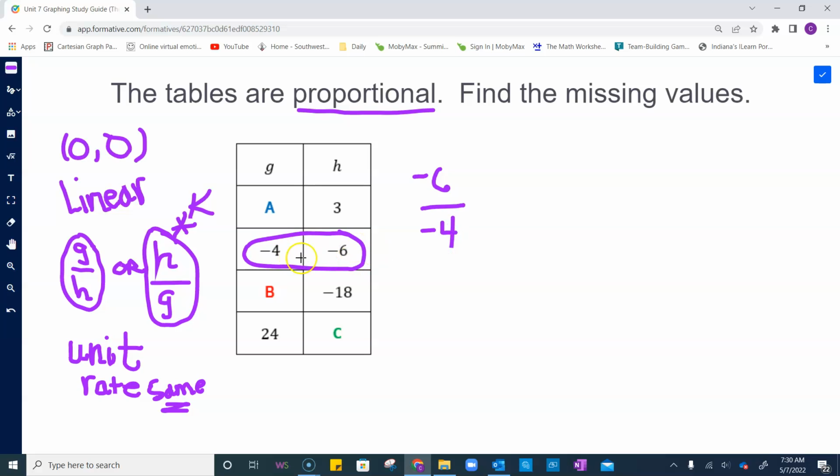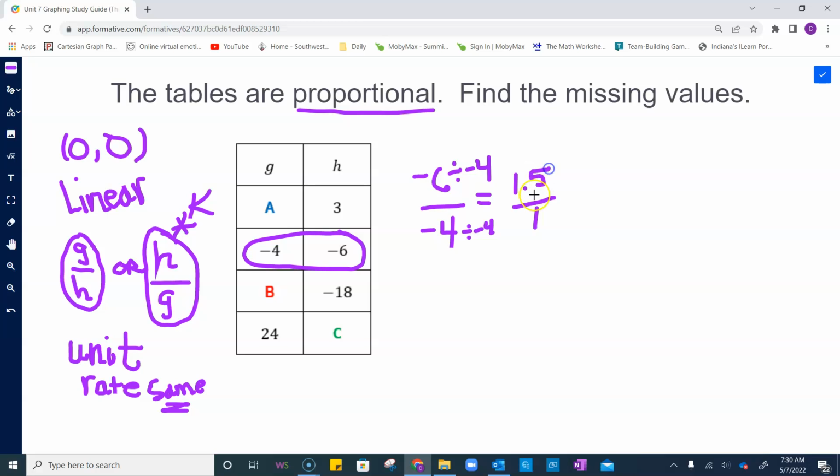And that's going to give me a big clue about the table. So how do these compare? Well, when I get down to the unit rate, if I divide by -4 in the bottom to get that unit 1, I'll do that in the top as well, and I get 1.5.